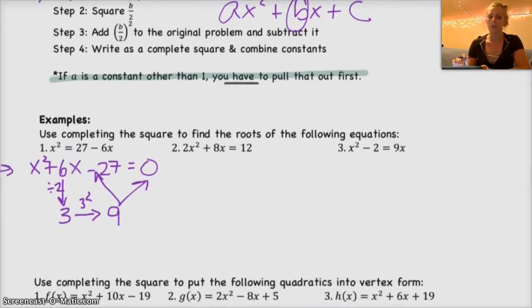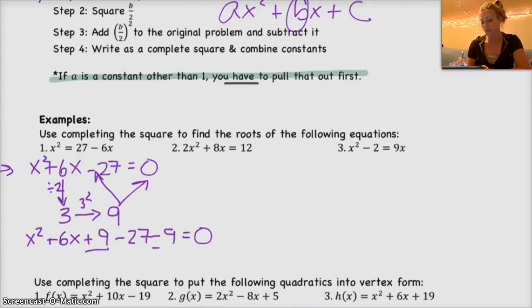Okay, so what does that actually look like? I've got x squared plus 6x plus 9 minus 27. I'm going to leave it like that and then subtract 9 as well, right? Because really effectively all I've done is added 0, which didn't change anything. I added 9 and I subtracted 9. So I didn't actually change the equation at all.